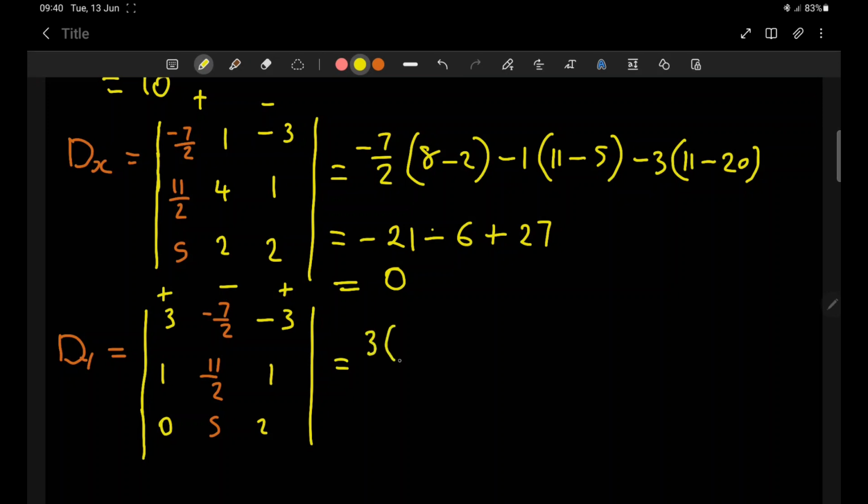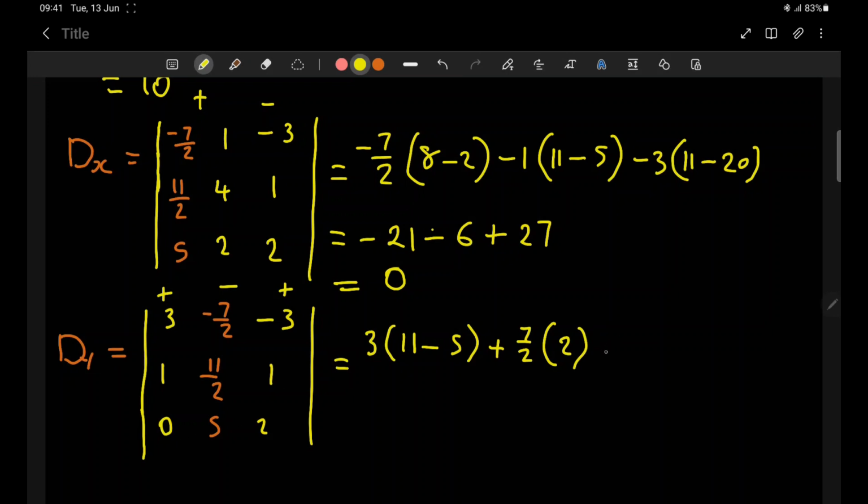So we'll hold this column and this row. That means we'll have 3. Then 11 over 2 by 2 is just 11, minus 5 by 1 is just 5. Then minus. On the next column, if we hold this column and this row, the pivot value is negative 7 over 2, so it will be positive 7 over 2, multiplying, so it will be 1 by 2, which is just 2, then 0 by 1 is just 0.